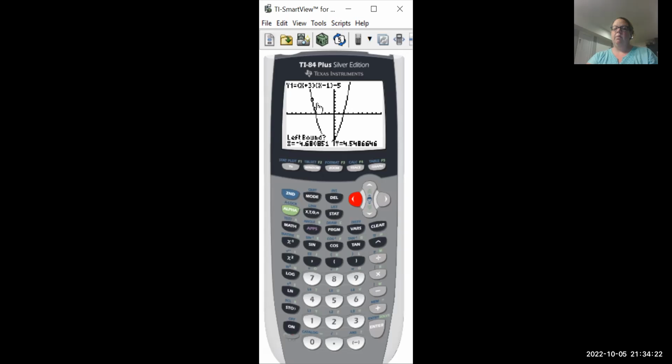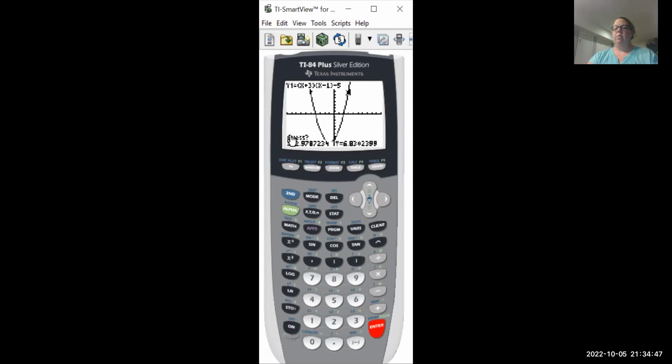As long as it's anywhere up in this section, you're good. You hit enter. Now the next question says right bound. So you're going to move your Spidey guy to the right side of the parabola, almost off of the screen, meaning it's going out of bounds. Anywhere in this section right here, and you're going to hit enter.